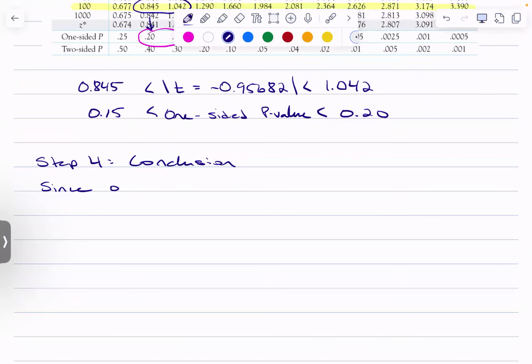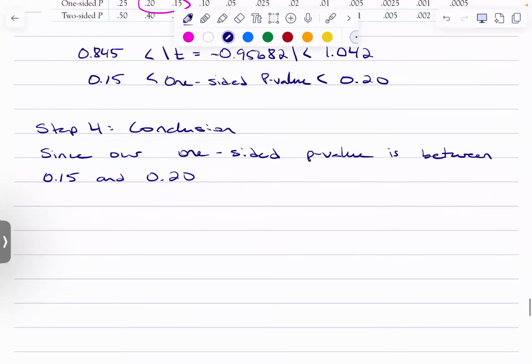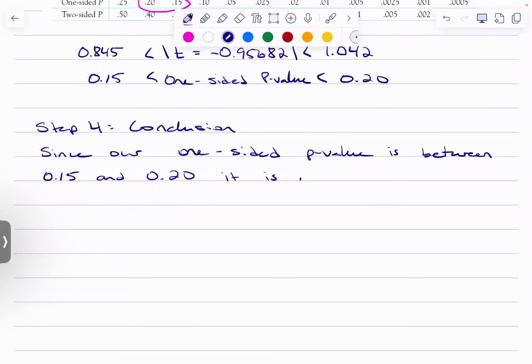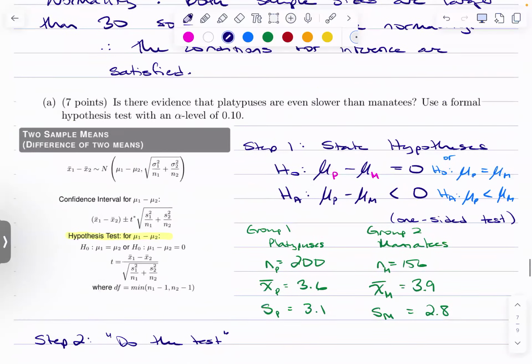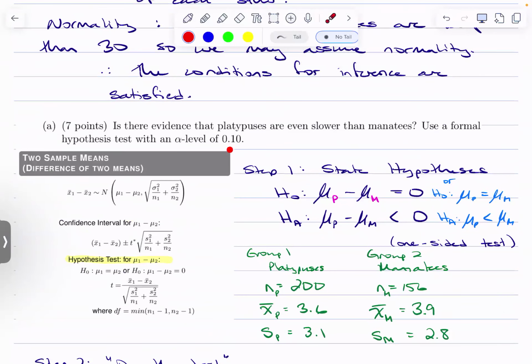Since our one-sided p-value is between 0.15 and 0.20, it is not less than our alpha level, even though I think I remember it being a little bit higher, making it easier to reject H naught, but still not easy enough. 0.1, stay flexi.